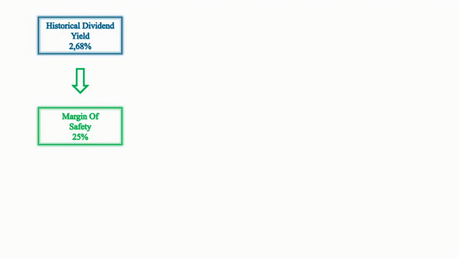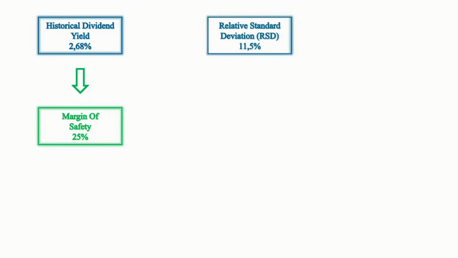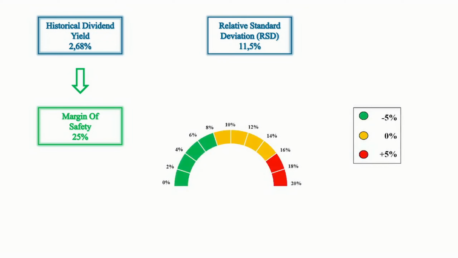A high relative standard deviation will raise my risk of investing at a bad timing. As I said earlier, the relative standard deviation for T. Rowe Price is 11.5%. This value is inside the yellow section of my weighting scale, therefore the margin of safety doesn't change.